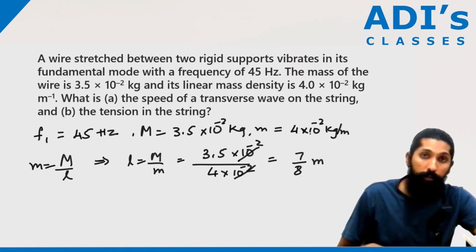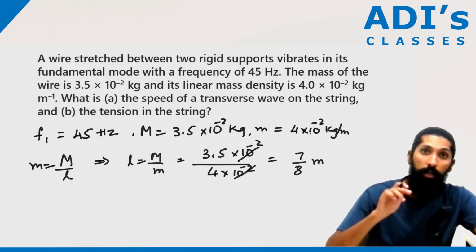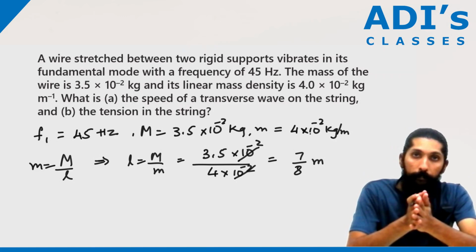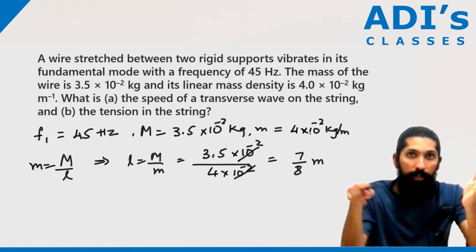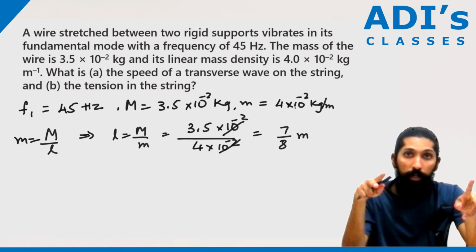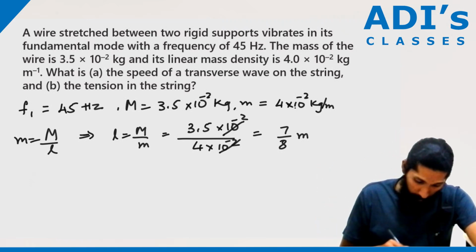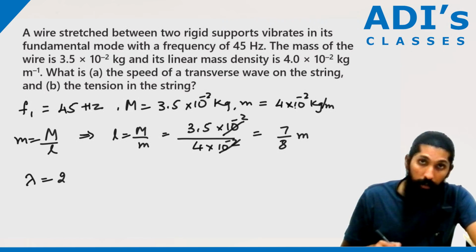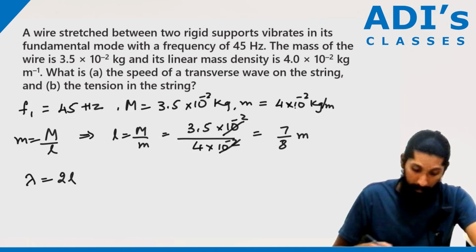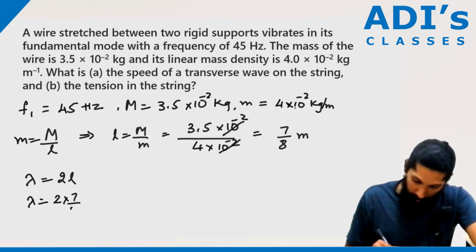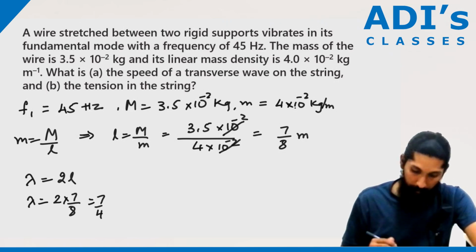Now, the next thing we can do is calculate the value of lambda. Since it is between two rigid supports, what we know is that one lambda will be equal to 2L, because of the wave coming back. Correct? Lambda is equal to 2L. Now, L value is 7 by 8. Lambda is equal to 2 into 7 by 8, which is 7 by 4 meter.